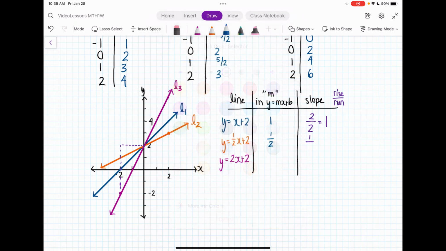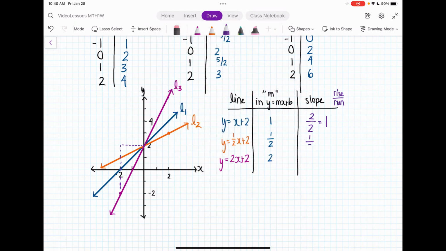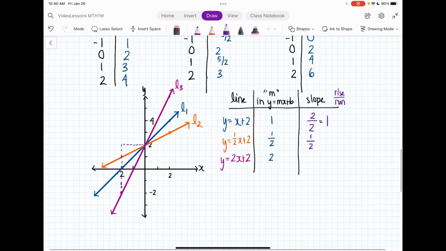Okay, so looking at the equation for the line, my m value is 2. Now looking at the graph, when I did my rise, my rise was 4, my run was 2. That simplifies to give me 2.